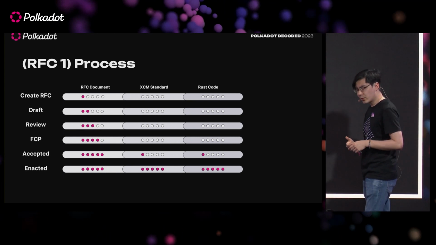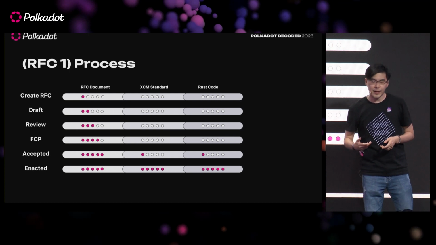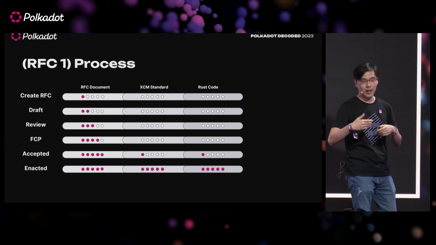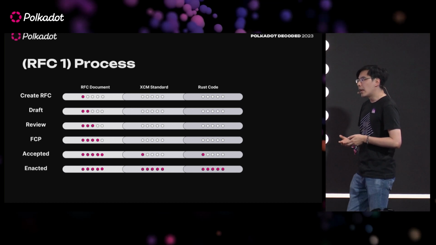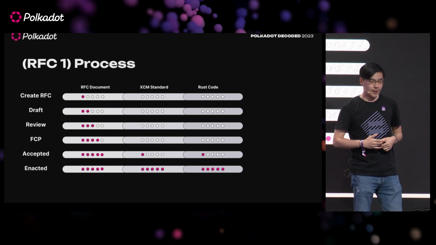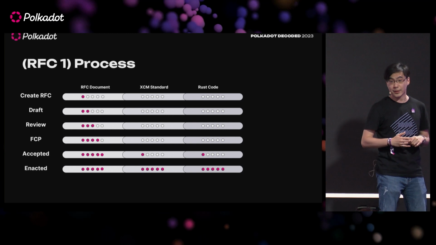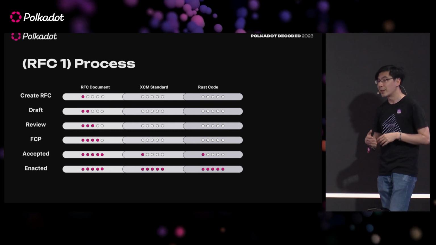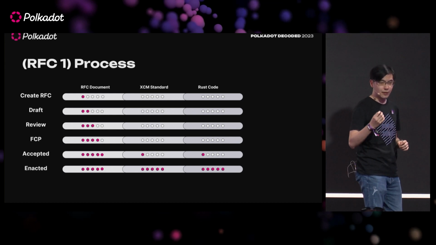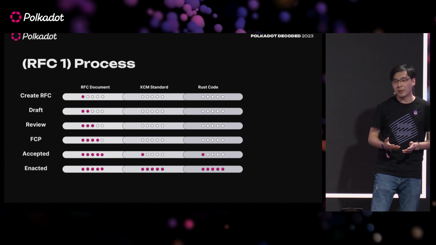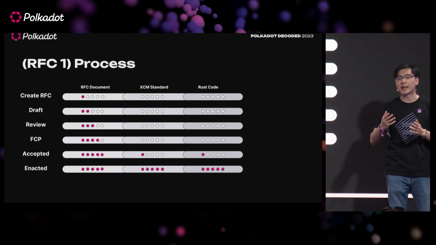I guess one more thing to talk about additionally is who gets to review these RFCs. Initially speaking, I would think that the XCM team, which has been newly organized this year, will be approving the PRs, just simply because it's easier at the beginning.